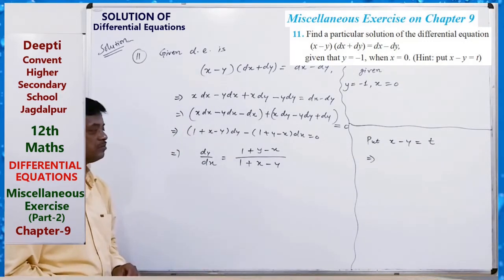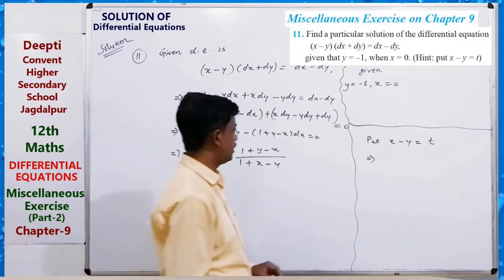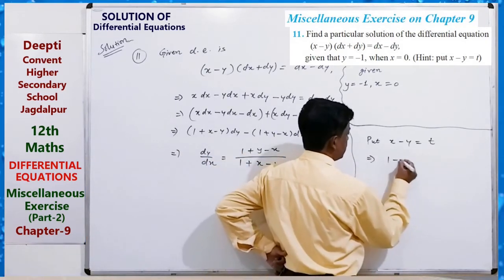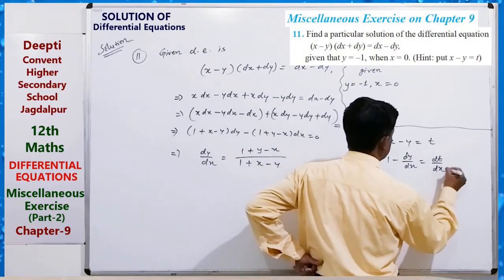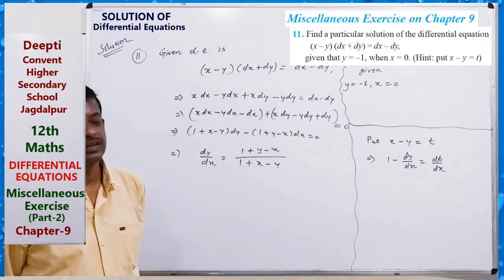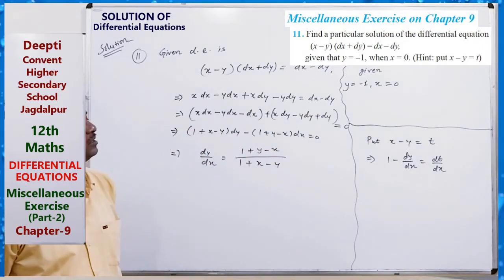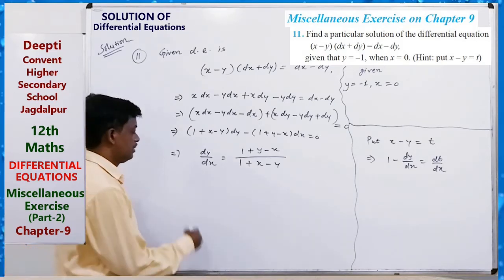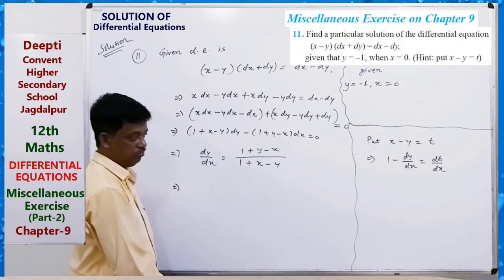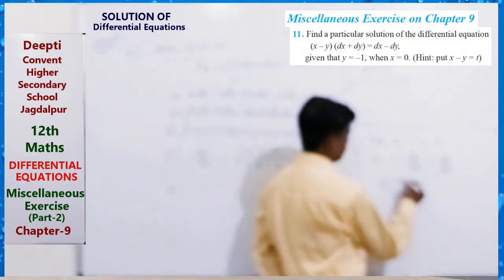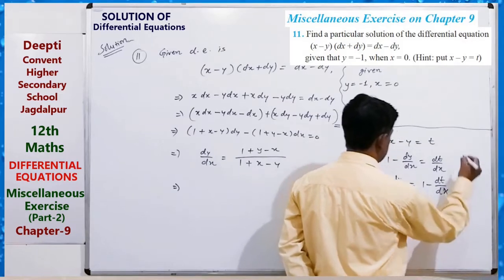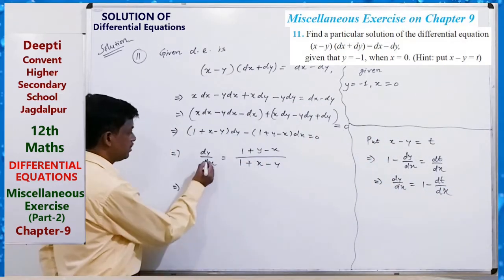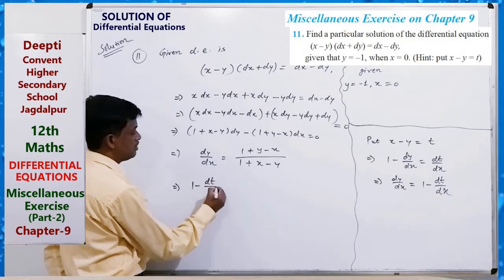So differentiate with respect to x, then 1 minus dy upon dx equals to dt by dx. So we can write dy by dx equals to 1 minus dt by dx.